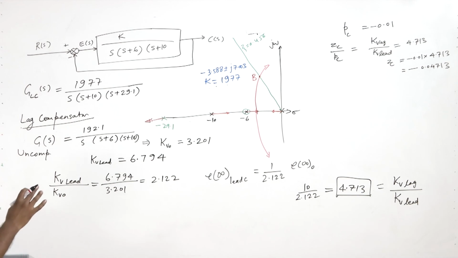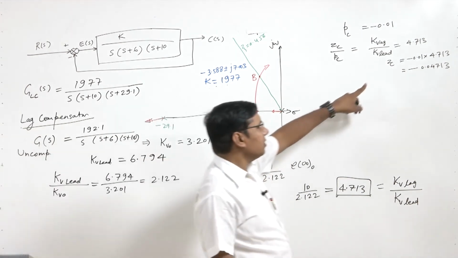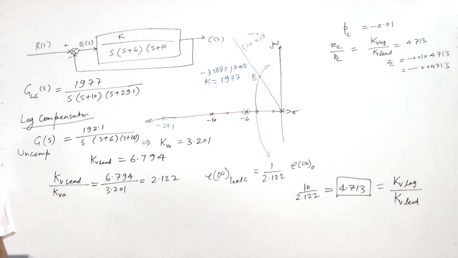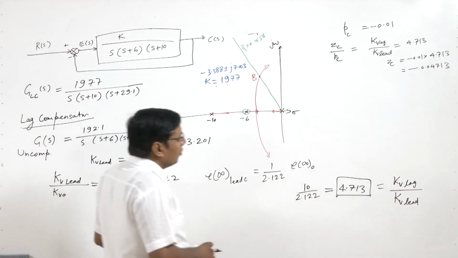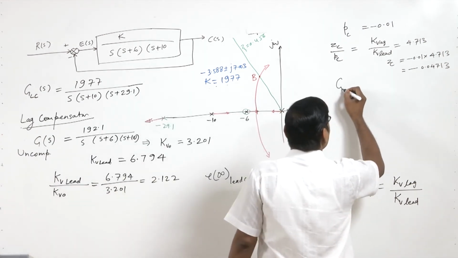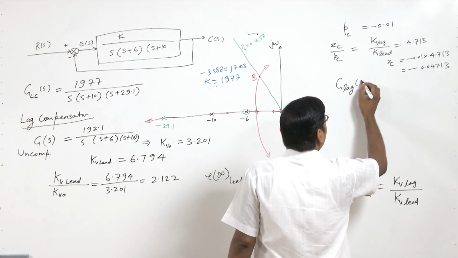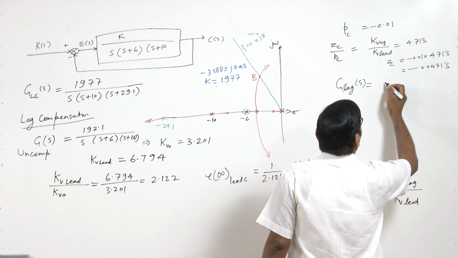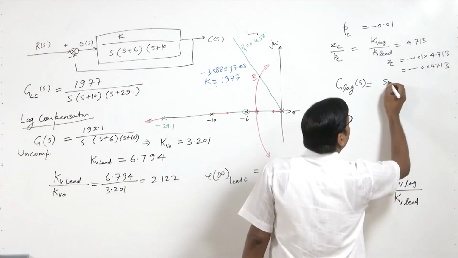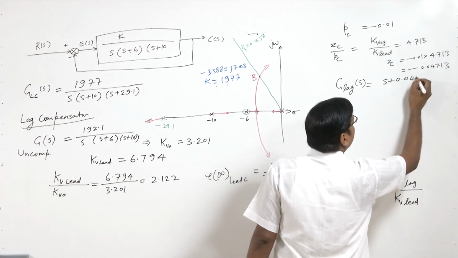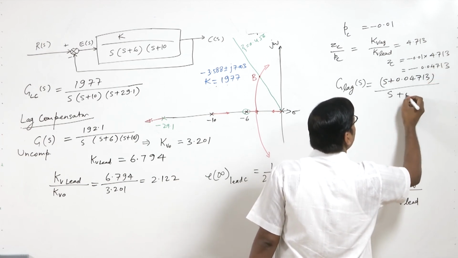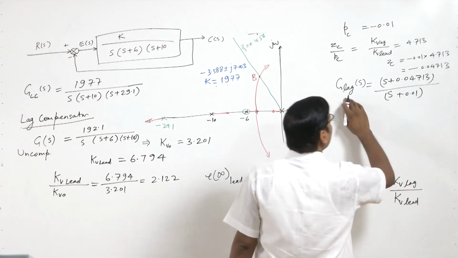So we got this location of the lag 0 of the lag compensator. So we have the compensator S plus 0.04713 by S plus 0.01. So this is the lag compensator only.